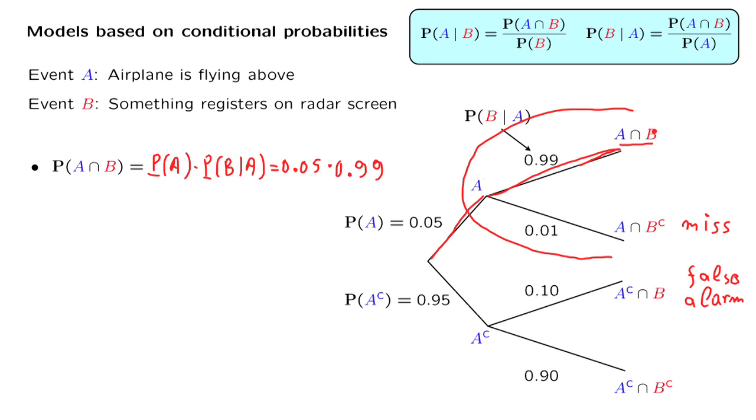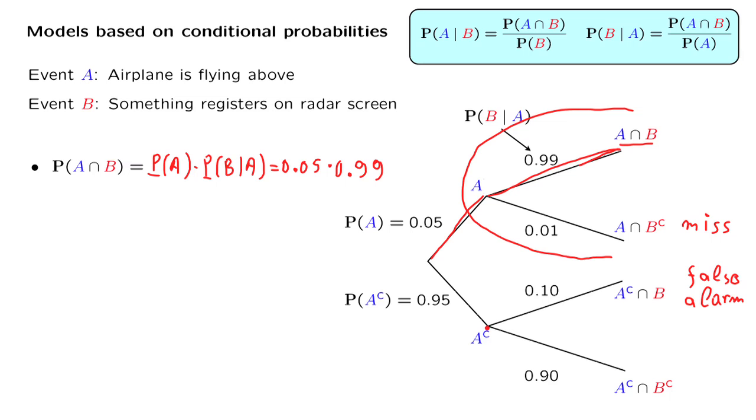And we can do the same for any other leaf in this diagram. So, for example, the probability that this happens is going to be the probability of this event times the conditional probability of B complement given that A complement has occurred.